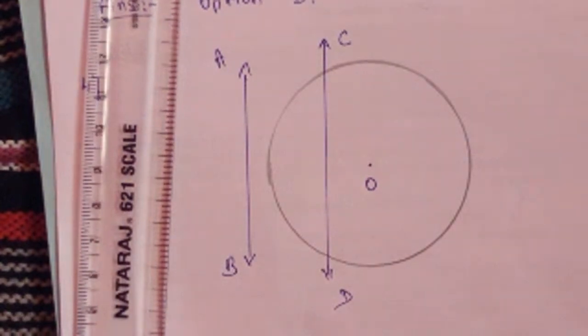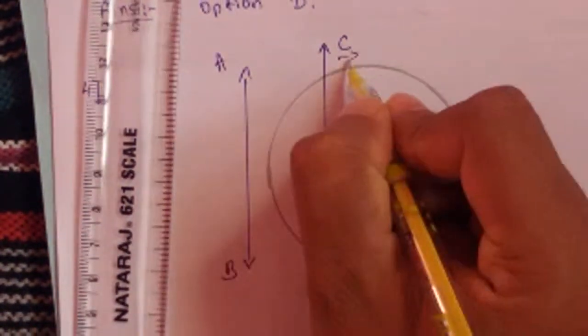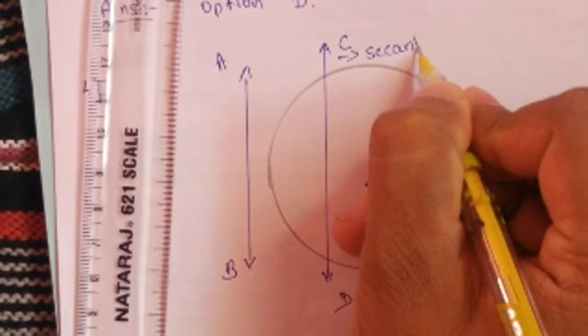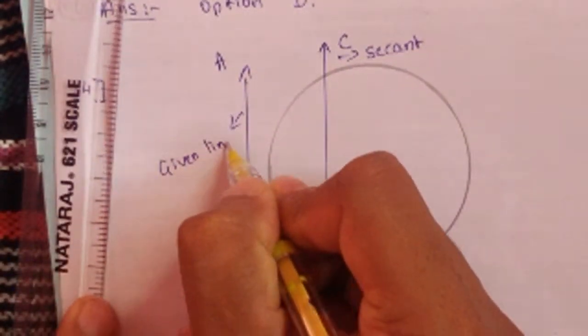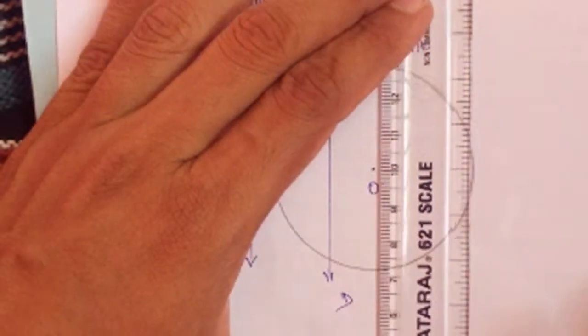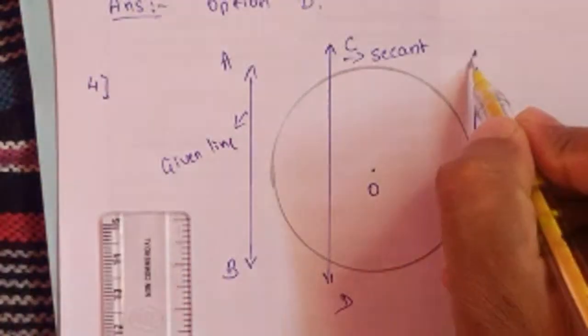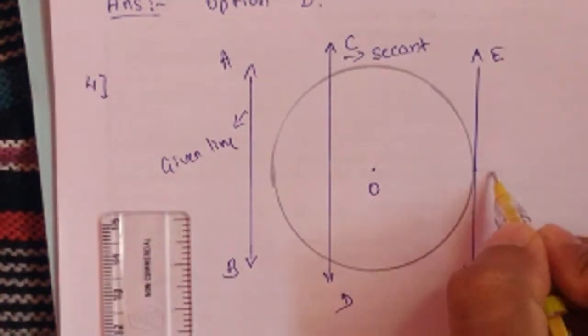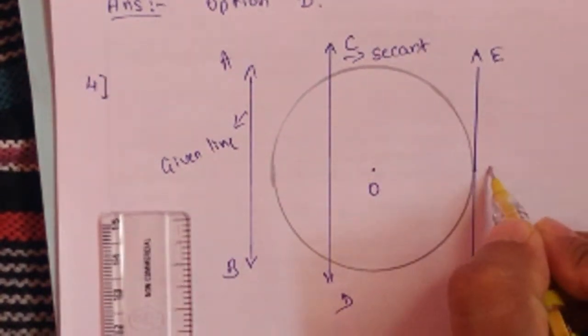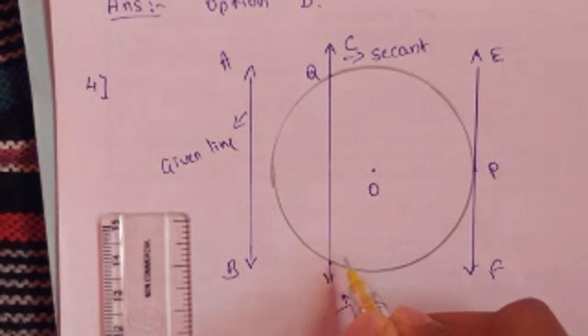CD is the other line. This is called the secant, and this is the given line. For the tangent, I will draw another line EF, with points P, Q, R.